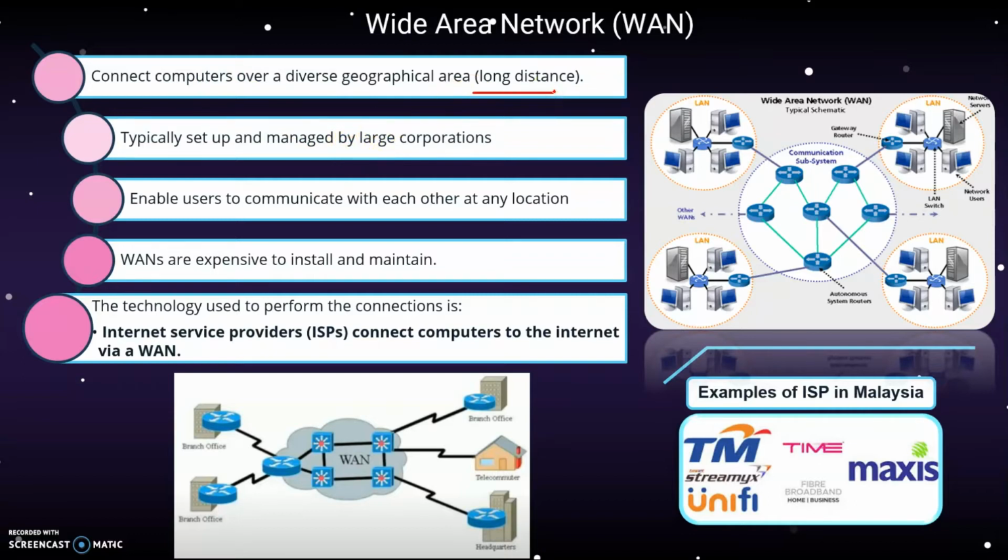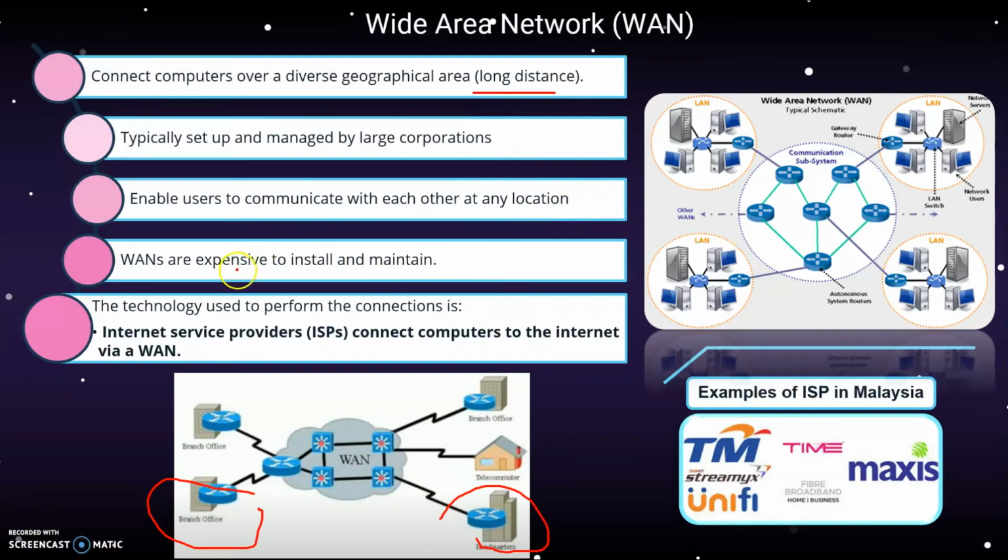It is typically set up and managed by a large corporation, meaning maybe in headquarters and branch offices. So it enables users to communicate with each other at any location around the world.